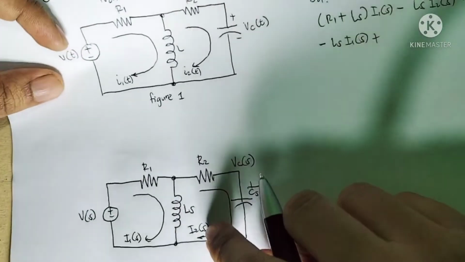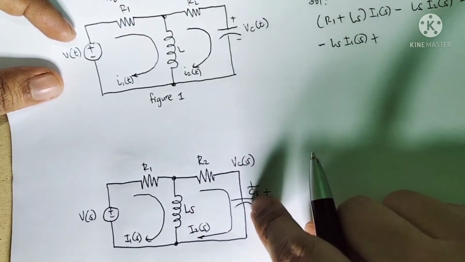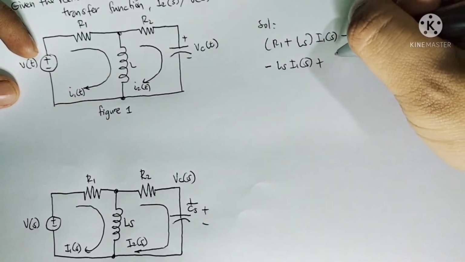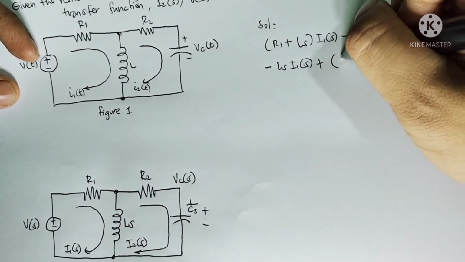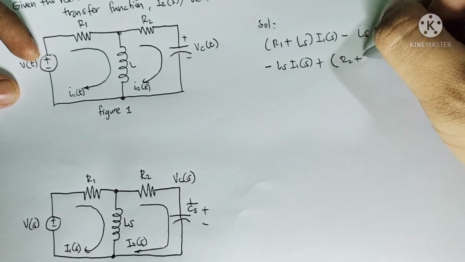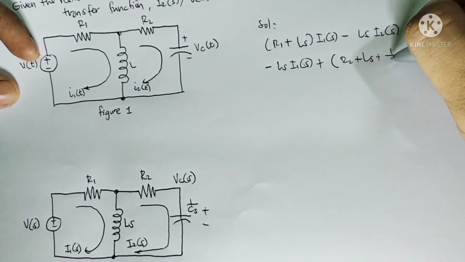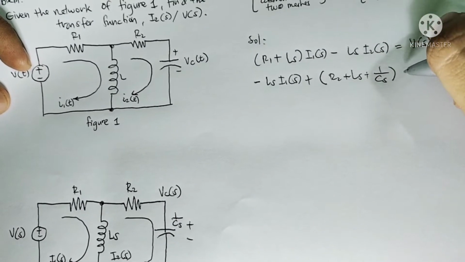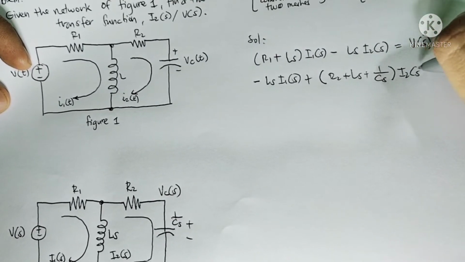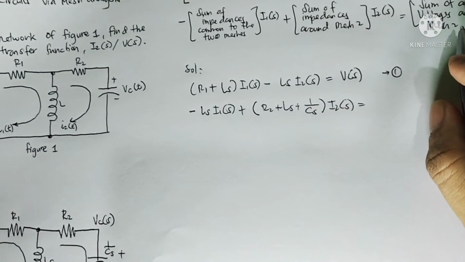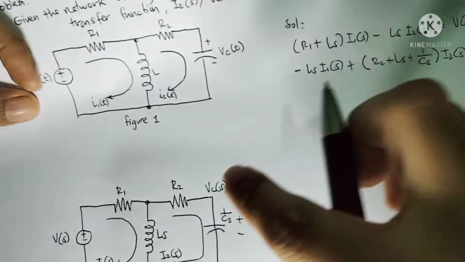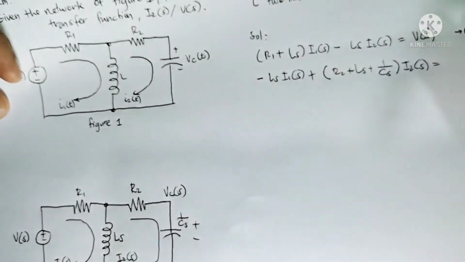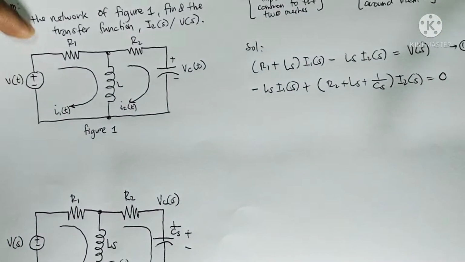There are three components: Ls, R2, and 1 over Cs. So this is R sub 2 plus Ls plus 1 over Cs, times I sub 2 as a function of S, equal to the sum of applied voltages around mesh 2. By KVL, the sum of all voltages in mesh 2 should be equal to 0.